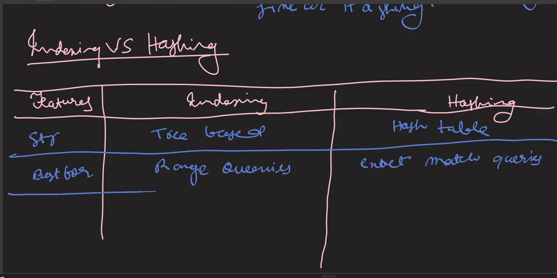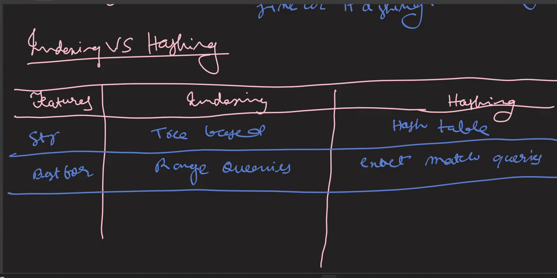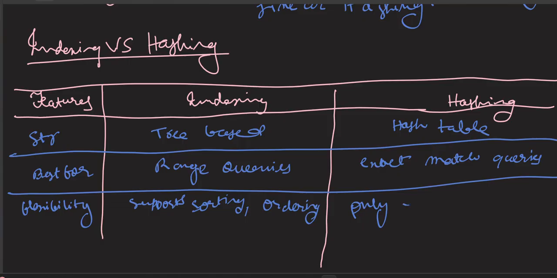The third feature is flexibility. Indexing supports sorting or ordering, and hashing supports only equality search.